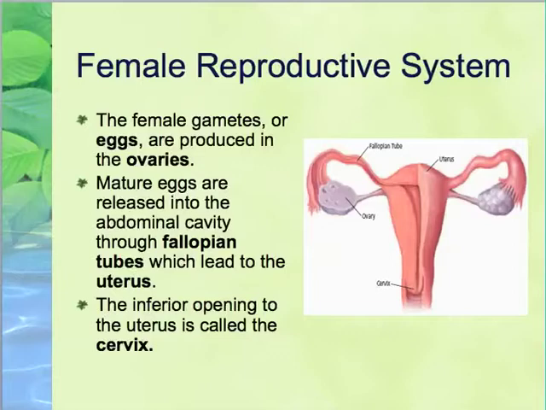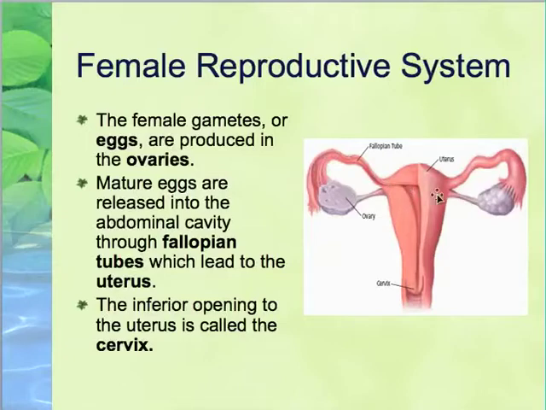Once an egg is released at maturity, it will leave the ovary and enter into the fallopian tube, or what's sometimes called the oviducts. The egg will travel through the fallopian tube and then will enter into the uterus.